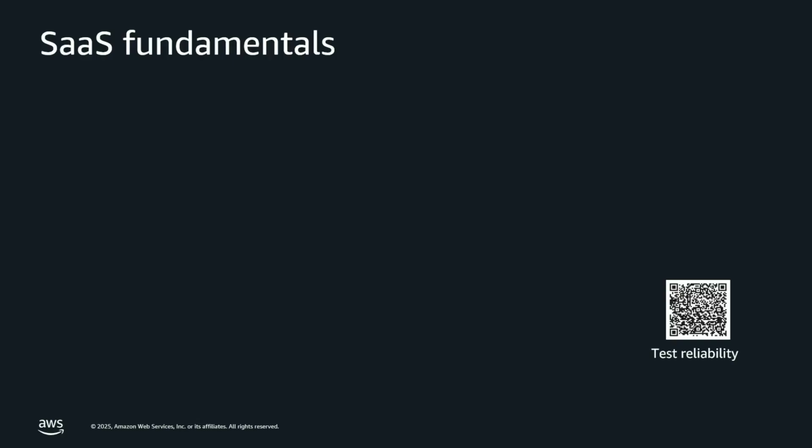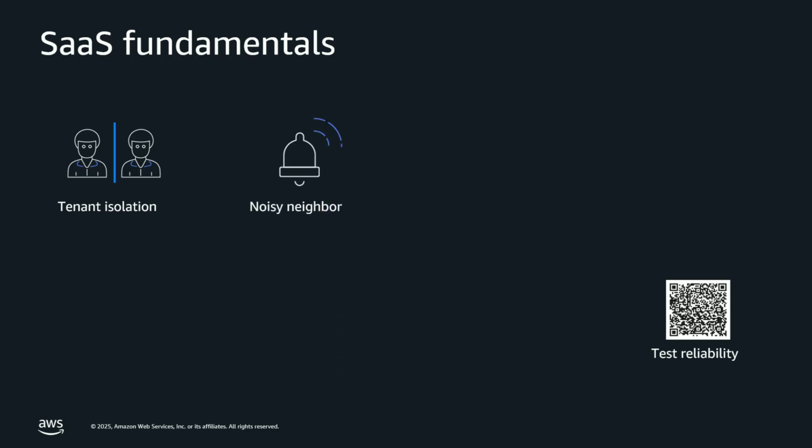So to build truly resilient SaaS architectures, a SaaS provider must adopt 6 critical pillars. A robust tenant isolation to prevent security breaches and data breaches. A noisy neighbor mitigation to maintain consistent user experience as well as the overall performance of your multi-tenant solution. Comprehensive identity and access management to ensure that you have secure tenant boundaries.